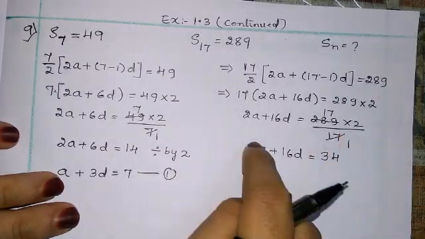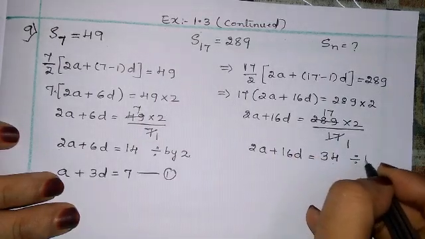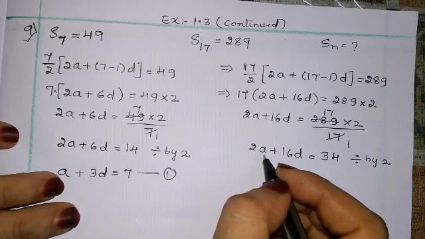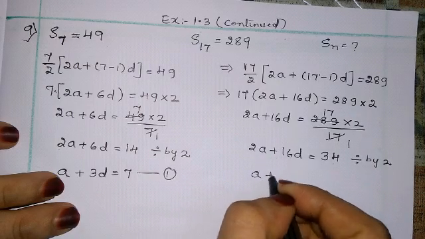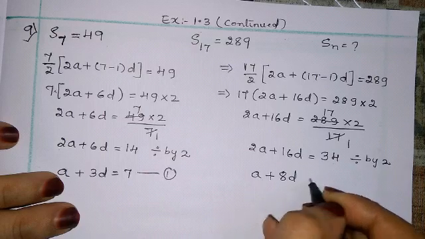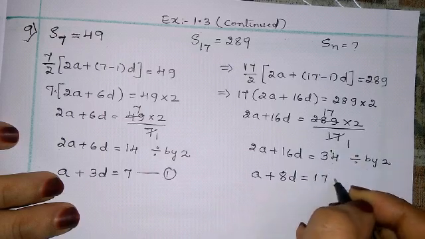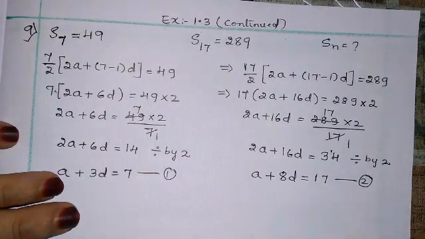This whole equation is also divisible by 2. Dividing the whole equation by 2: a plus 8d is equal to 17. Let us consider this equation 2.